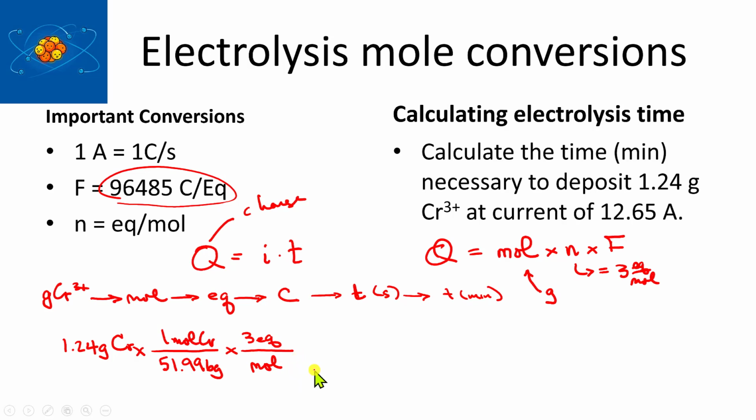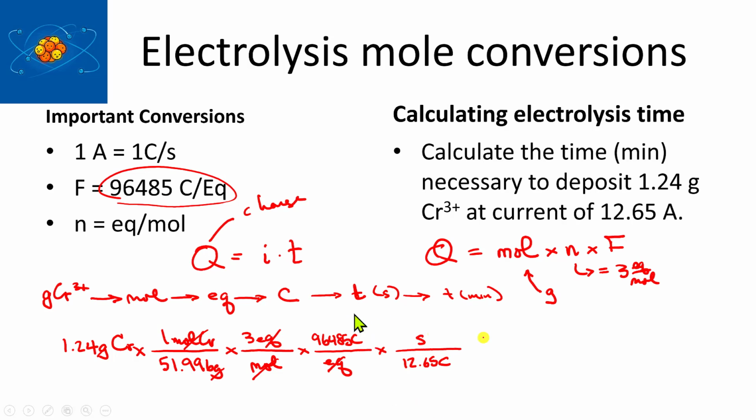So once I have this done, you notice the units are canceling like this. I can use Faraday's constant to get to coulombs. So 96,485 coulombs per equivalent. So that'll cancel out. And then 12.65 amps is written as 12.65 coulombs per second.